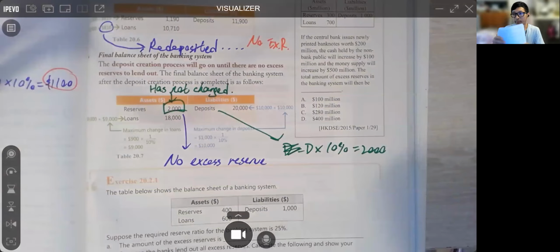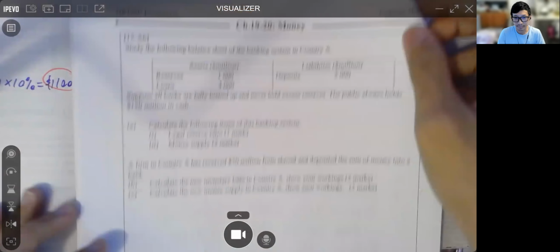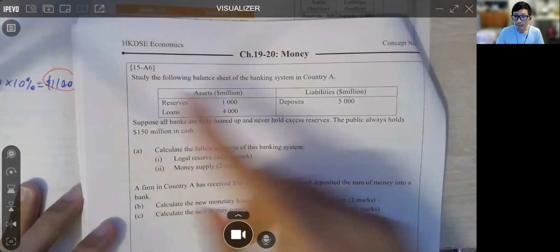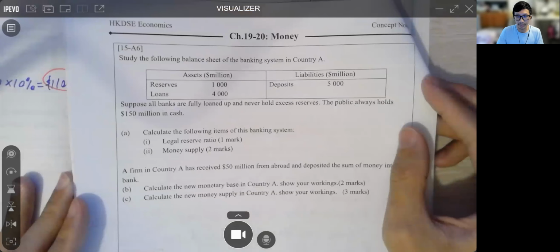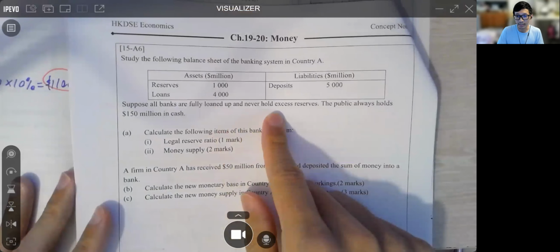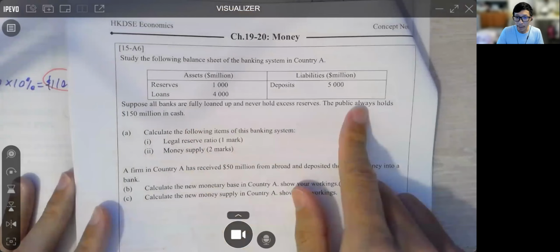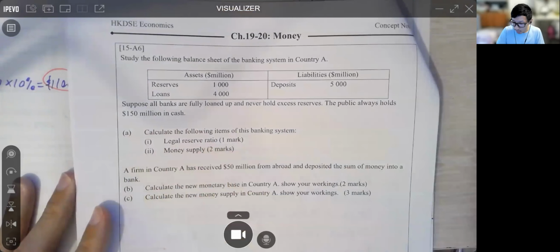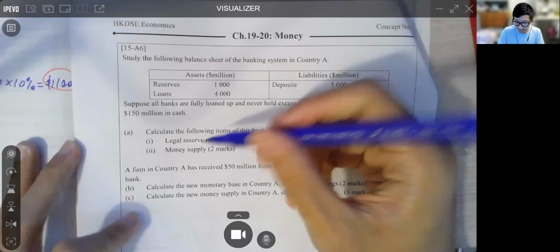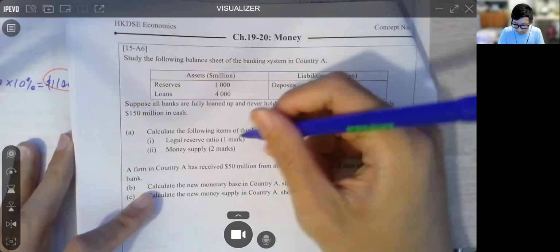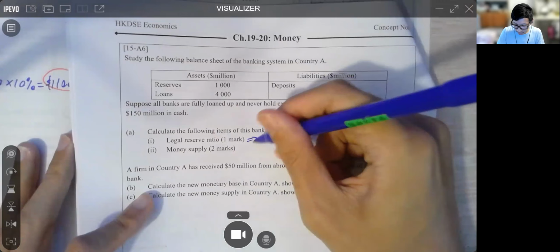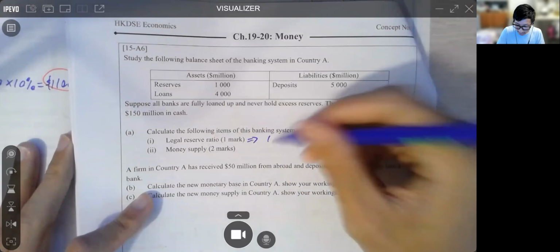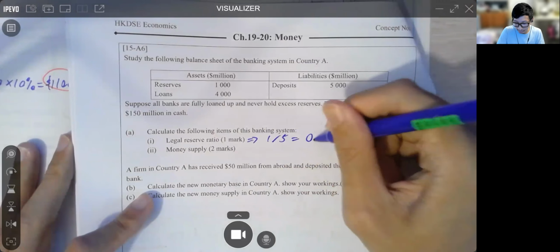Okay, now I think there are 3 more pages. Okay, 2015. Now, never hold excess reserve. Fully loaned up. Public always hold this amount of cash. So the legal reserve ratio is easy, right? Calculate the following. Legal reserve ratio. This one would just be 10K divided by 5 would be 0.2.